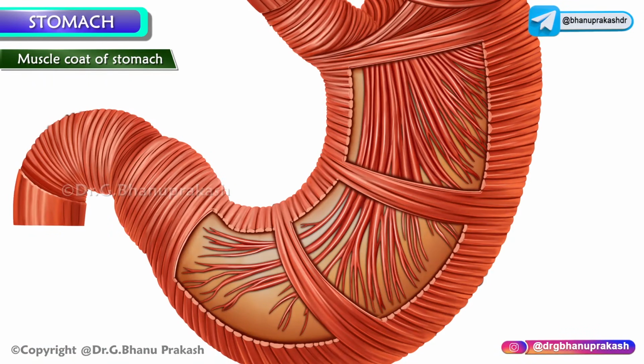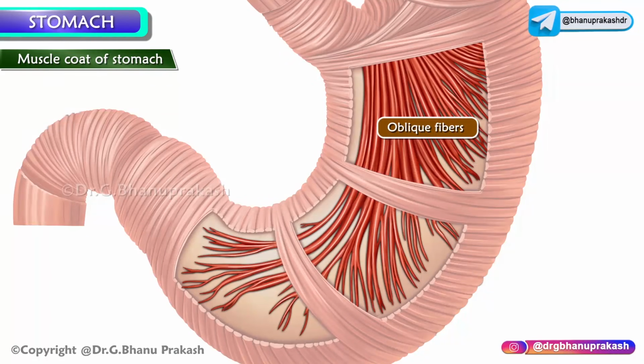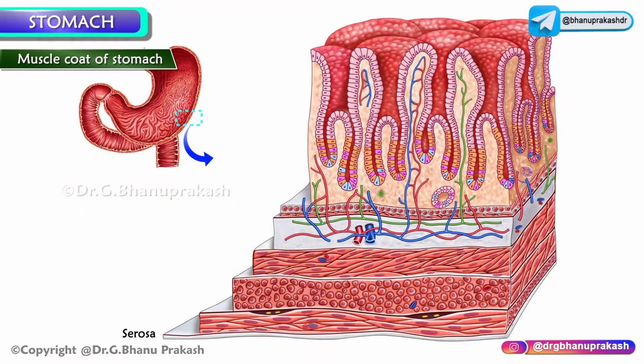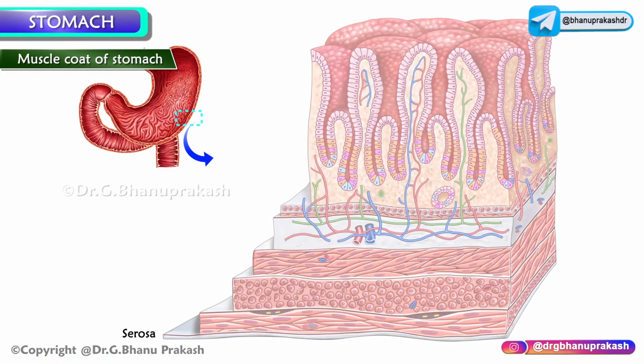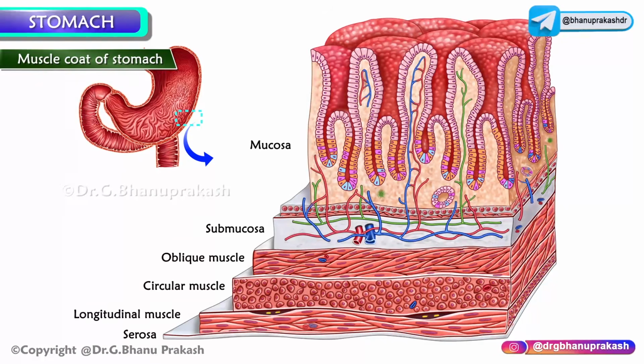And the deepest layer is the oblique layer, which contains obliquely placed fibers which loop over the cardiac notch, and some of these fibers spread in the fundus as well as body of the stomach. And at last, the last layer is called the serous coat of the stomach. It mainly consists of peritoneal covering. So this is what you need to know about all the layers of the stomach.